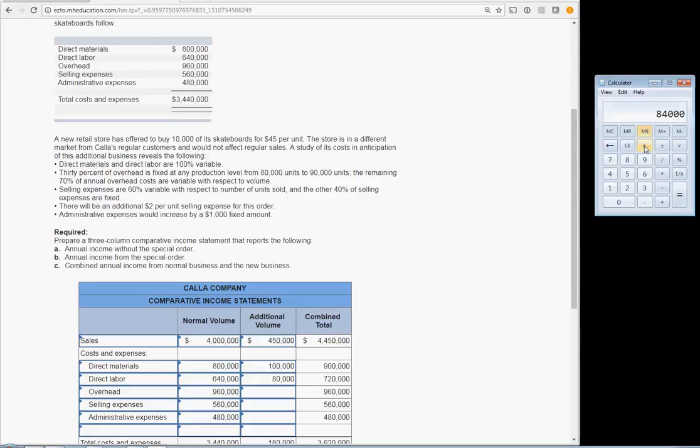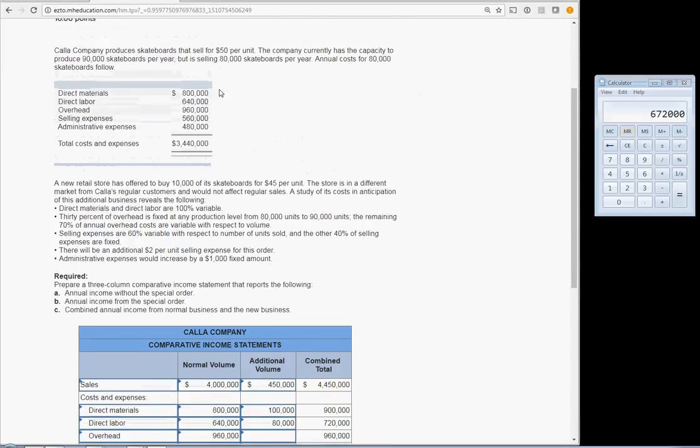I'm going to run that one more time for you. Overhead's 960,000, but they're telling us that only 70% of it is variable. We've got to take out the fixed piece. You can't do the fixed piece in incremental income. So if 70% of it's variable, we need to find 70% of this number. 960,000 times 0.7 gives me 672,000. Well, this number is based on 80,000 unit sales.